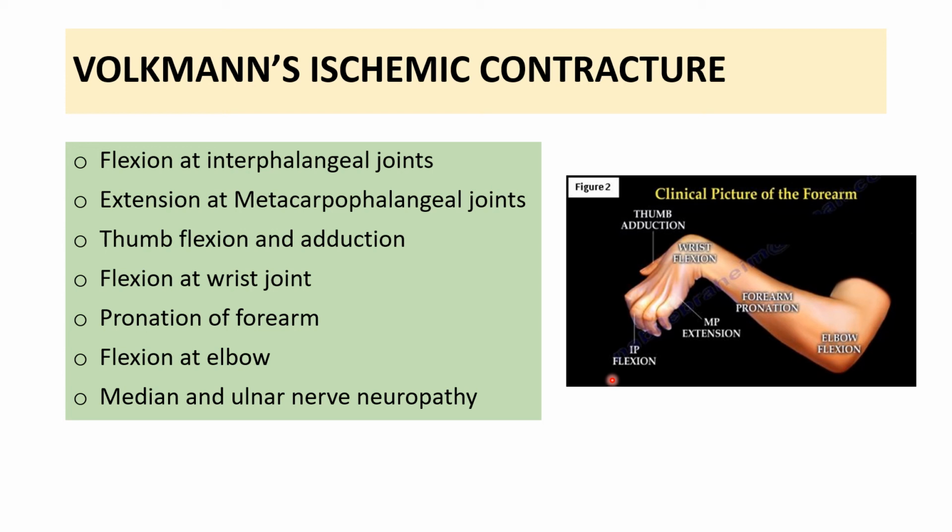And if you see the thumb, there is adduction and flexion of the thumb. There is involvement of the median and ulnar nerves in a severe case of Volkmann's ischemic contracture.